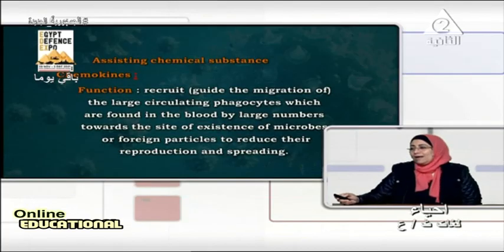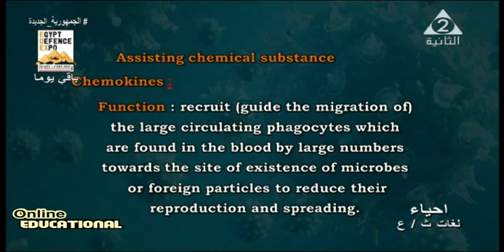What is the chemokinase? Its function is to recruit, guide, or migrate the large circulating phagocytes found in blood, in large numbers, towards the site of microbes or foreign particles, to reduce their function, their reproduction and spreading.